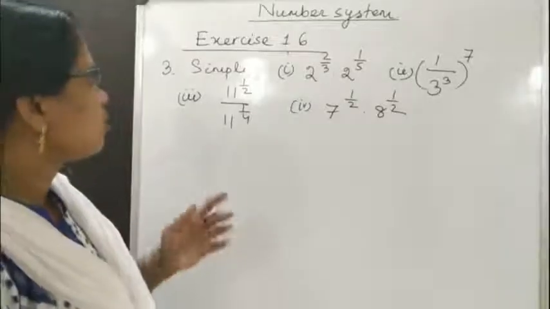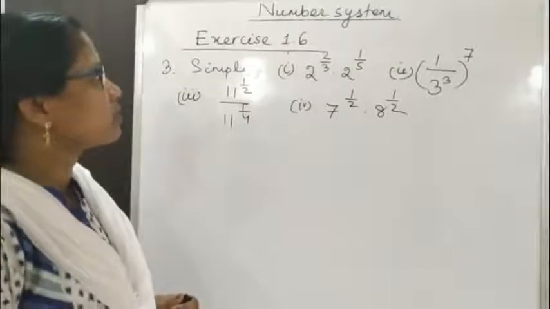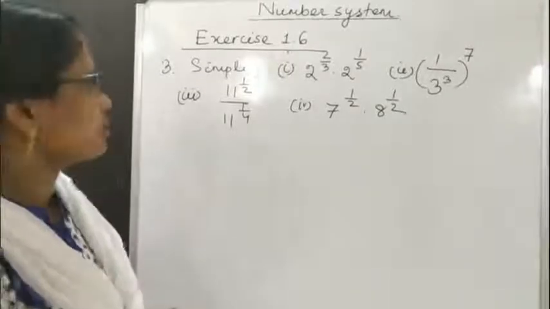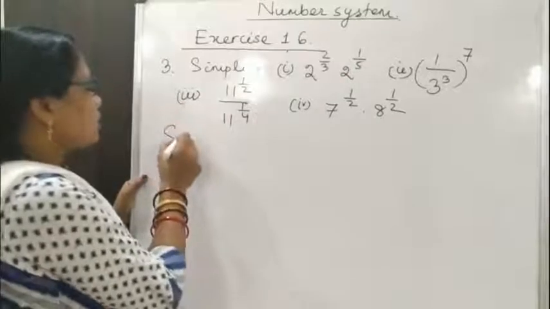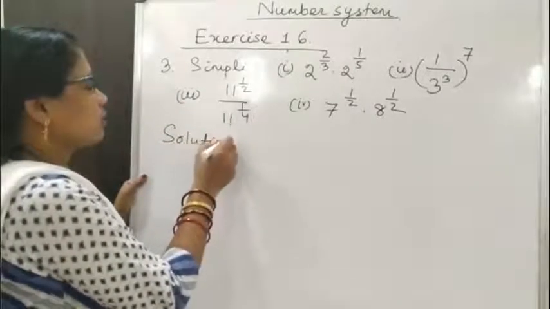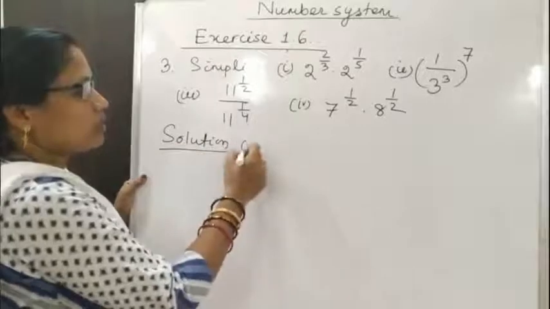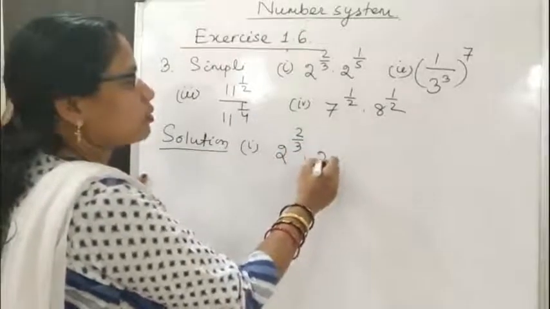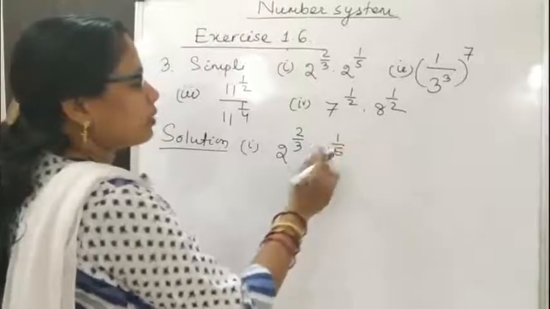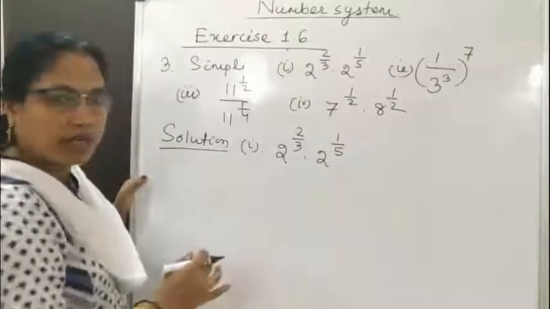Let us solve question number 3 of exercise 1.6. So simplify. First one is 2 to the power 2 by 3 multiplied with 2 to the power 1 by 5. So here the bases are equal.